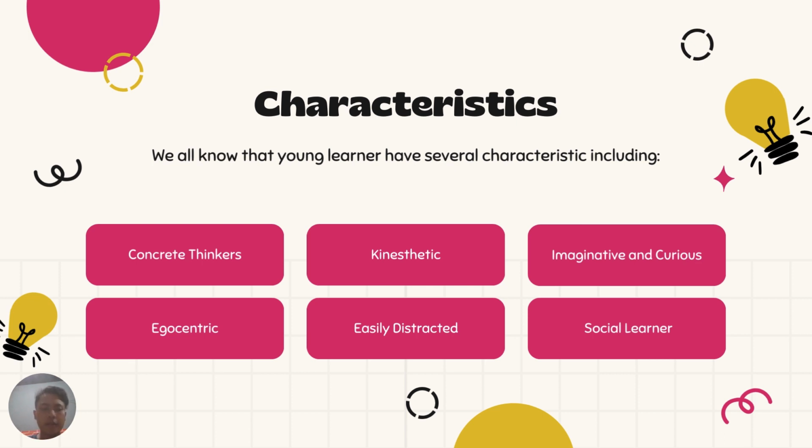We have concrete thinkers for the first point, which means young learners tend to be more focused on the here and now, which means they learn best through hands-on experiences and manipulating objects. The second point is egocentric. Their perspective is often centered on themselves.